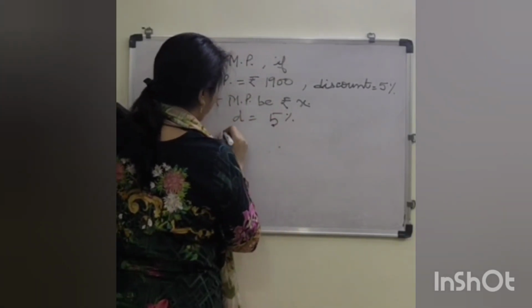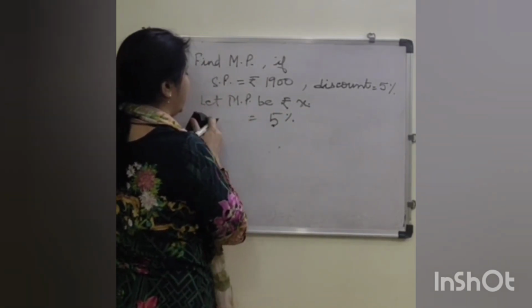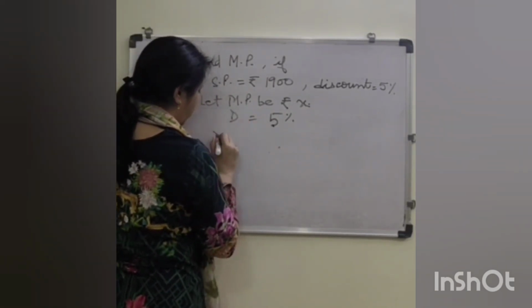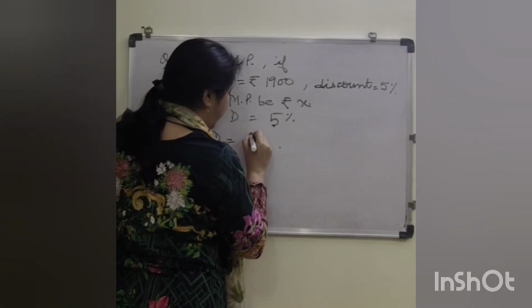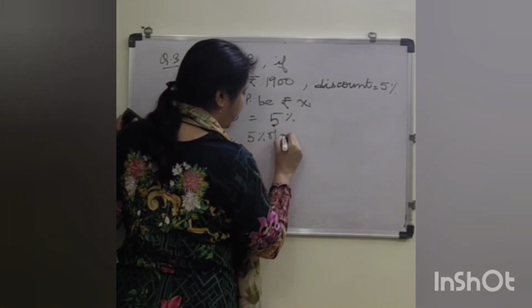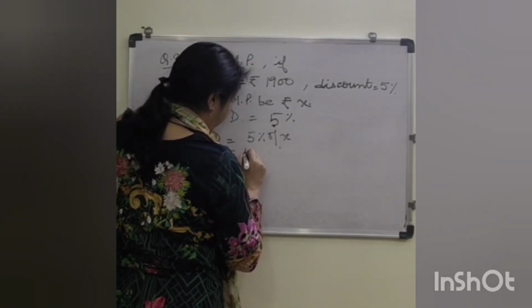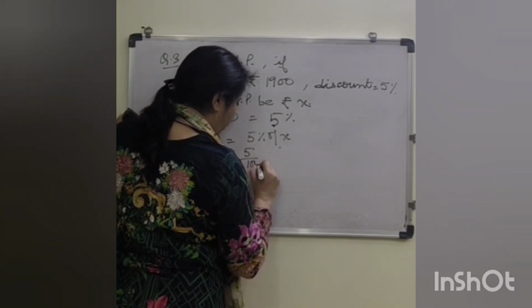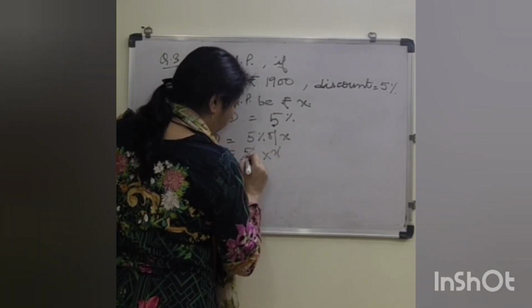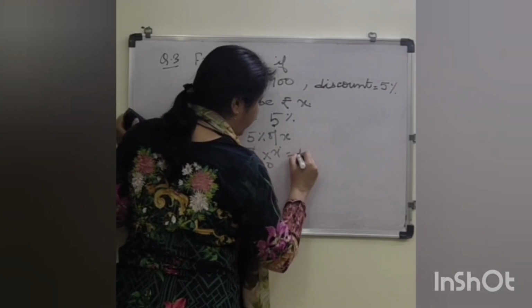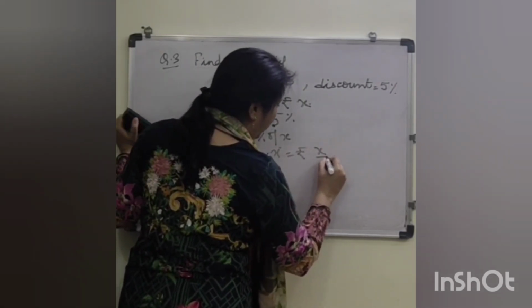Fine. So discount is equals to, in amount, 5% of X. It is 5 over 100 into X. So answer comes rupees X by 20.